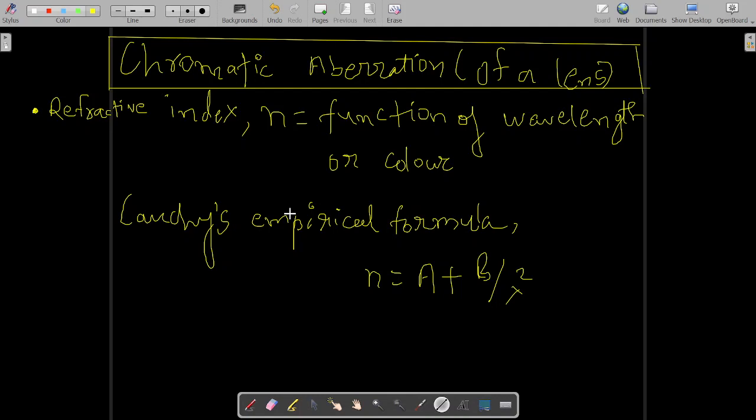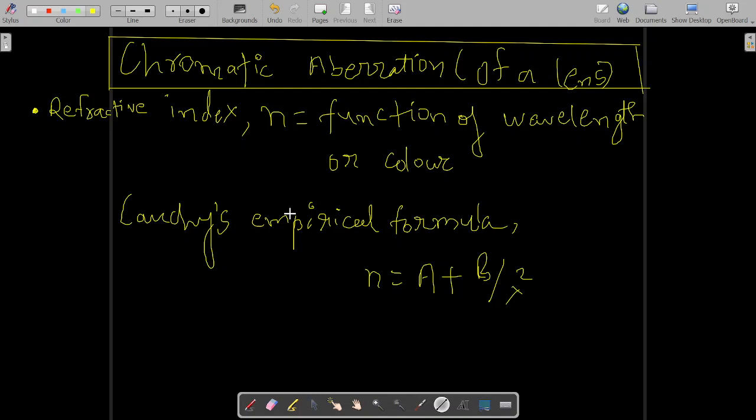In general life we say that whenever refraction takes place via a lens, then a point image is formed. We call it like that, but in reality a point image is not formed, because for different colors of the electromagnetic spectrum, VIBGYOR, which you might have learnt in your lower classes, the refractive index is different.